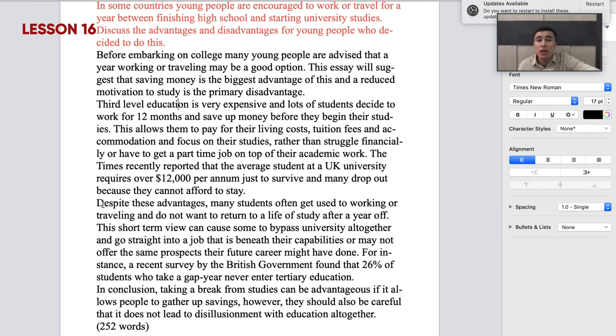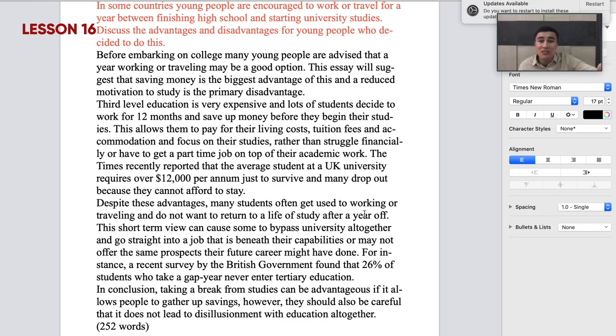Okay, now we will talk about the disadvantages. Despite these advantages, many students often get used to working or traveling and do not want to return to a life of study after a year off. Okay, this is the main point.